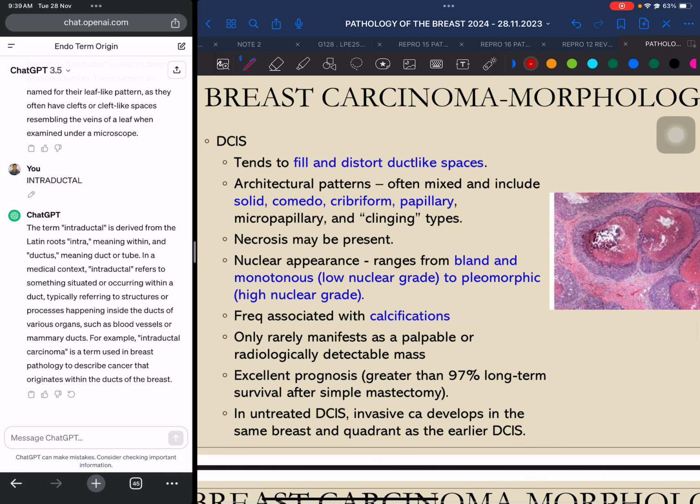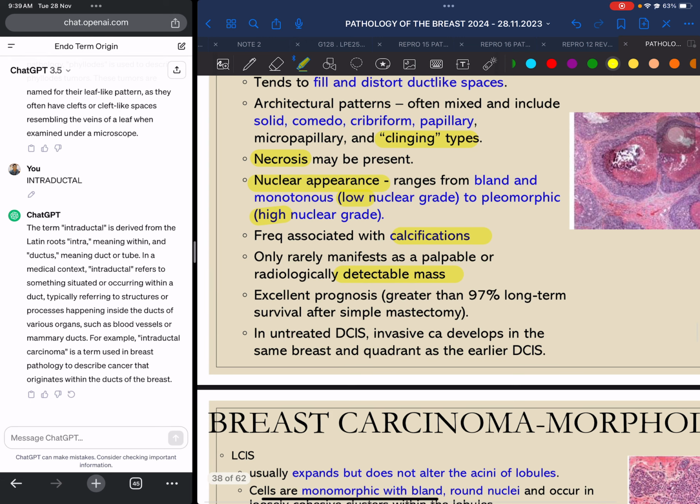Nuclear appearance can range from bland and uniform to pleomorphic, and it is frequently associated with calcification. That's why we commonly detect it in mammography. But they have an excellent prognosis after a simple mastectomy compared to the invasive type.